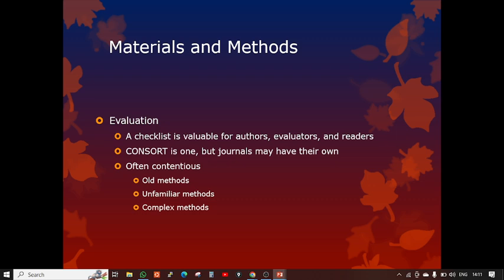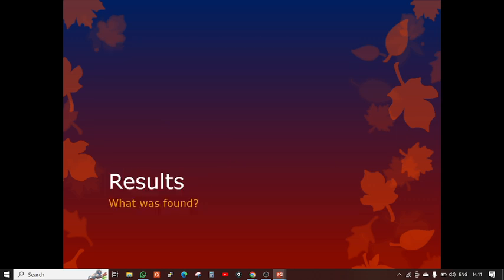Some journals have their own checklists. Whatever methods you follow in your research, whether old methods, modified methods or complex methods, should be clearly mentioned and referred to. You have to evaluate all these things before submitting your paper. Then the materials and methods section is done.